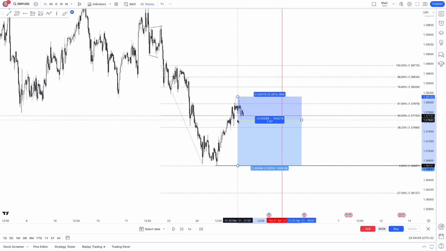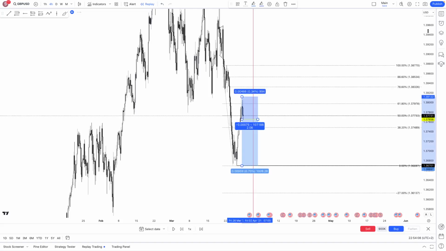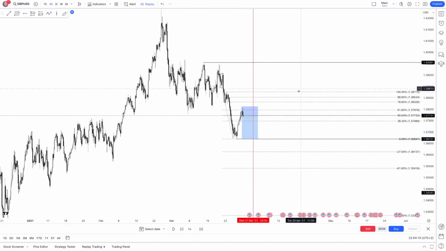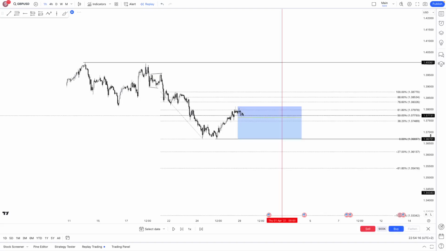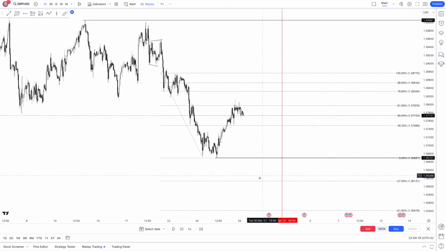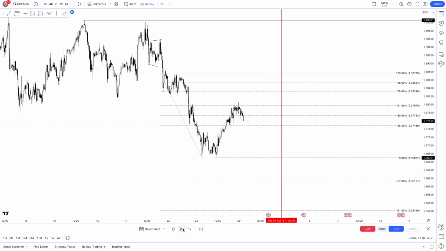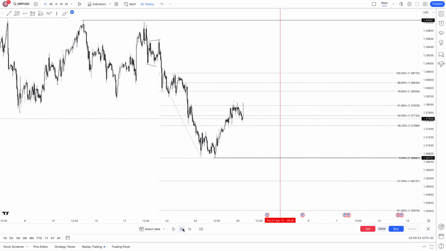So if this is just a pullback for more downside, we might get a nice move to the downside. However, this could develop into something much bigger than this. So I'm just going to let it play out. It's fine if it does push lower without me, I will be okay with that. Okay, so now it's pushing higher.